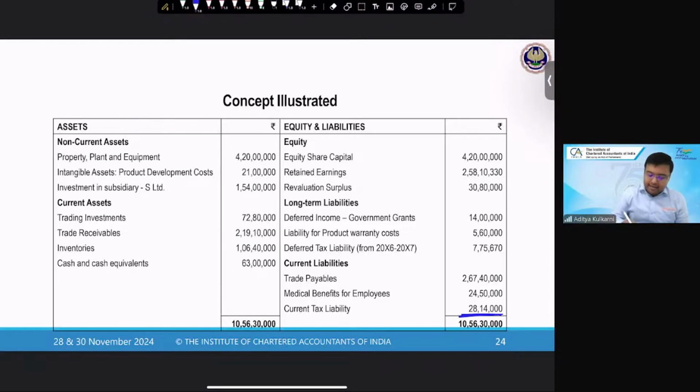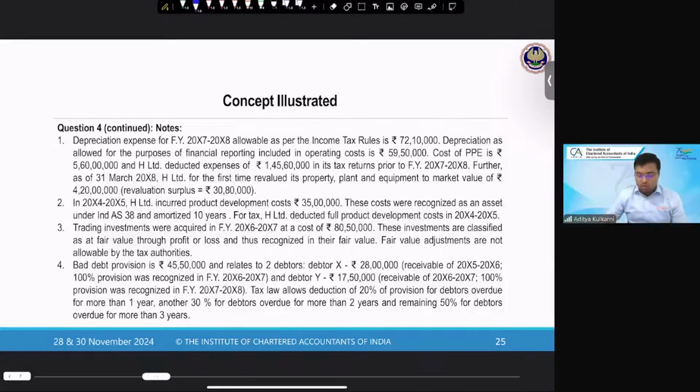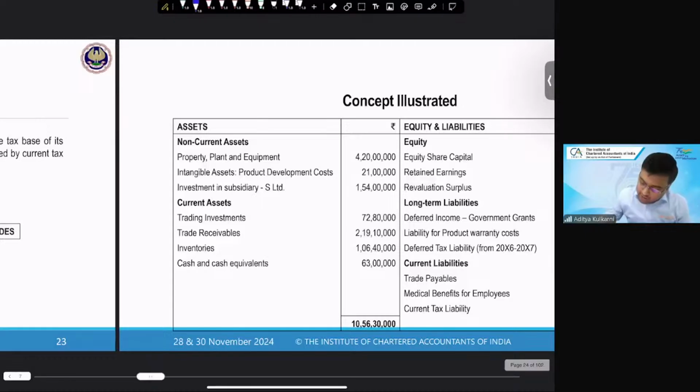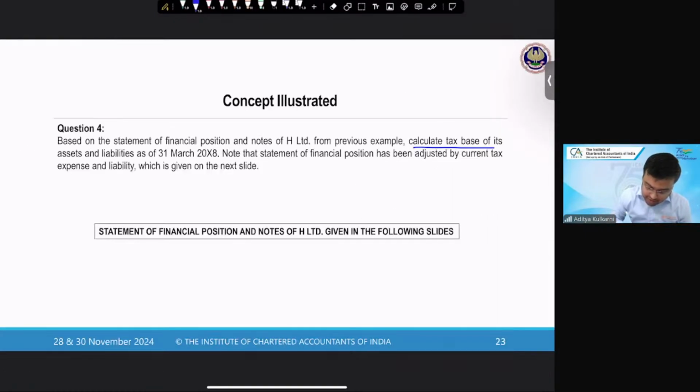And the same data that I had earlier, I have repeated. So what this question asks you to do is calculate the tax base of its assets and liabilities as at 31st March 20X8. Can you do this? Sure?